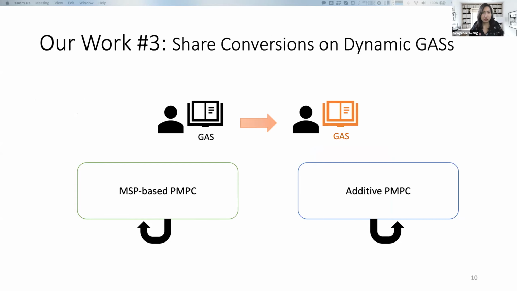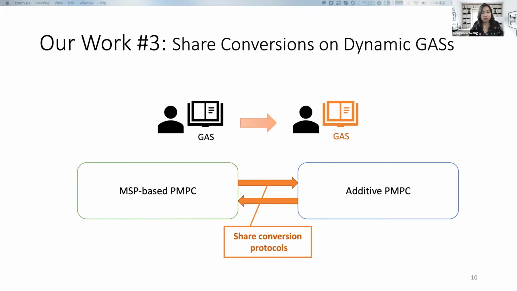If they decide to use the same scheme on the different GAS, they can use the redistribute protocol to adapt to the new GAS. But if they want to convert to the other scheme, conversion protocols from MSP-based shares to additive shares and in the opposite direction are required. So we suggest a share conversion protocol between the MSP-based PMPC and the additive PMPC as our third contribution.